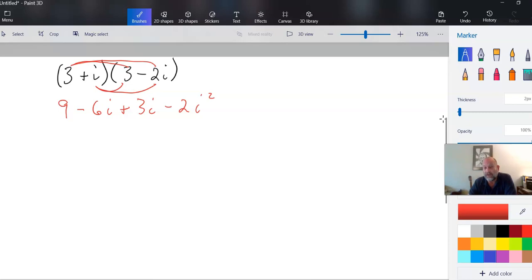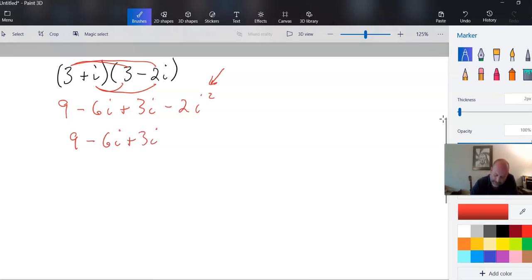Now, what I want you to get good at, because it's going to save you a lot of time, is you may have to write that -1 in the first few times you do it. But really, what I want you to be able to do is recognize that whenever you have an i squared like this, it's just going to change this sign. So the next line should be 9 minus 6i plus 3i.